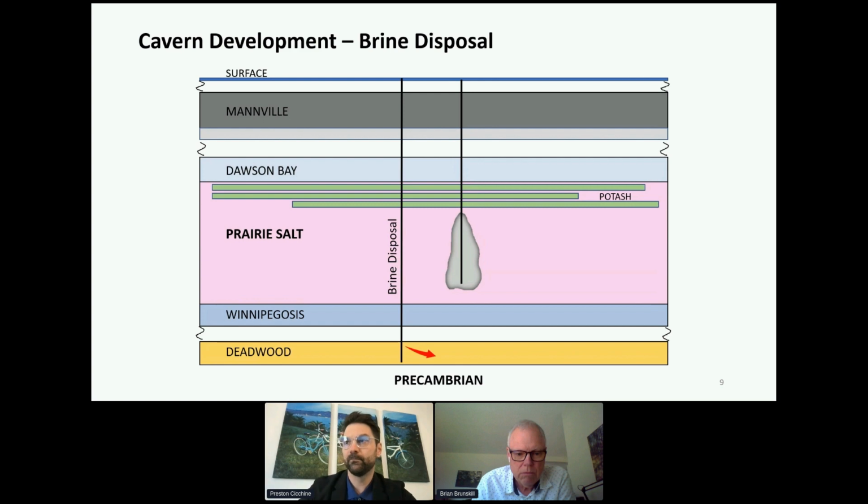So we are really blessed with two geological features here: the salt to create caverns and mine potash, and a place, at the same surface location, where we can create a well for brine disposal. Our potash industry in Saskatchewan would look very different if we did not have the ability to dispose of this brine. So again, I'm just putting in a plug for geology here.